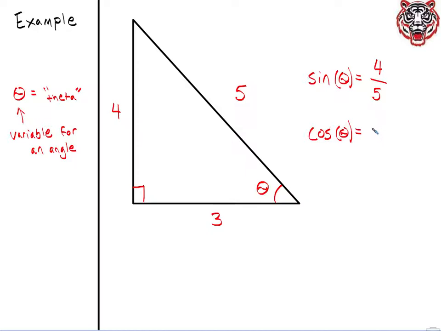It would be 3 over 5, yep. And what about tangent of that theta? 4 over 3. Yep, 4 over 3. So I might ask you for a theta at the top. I might twist the triangle. It's always in perspective.